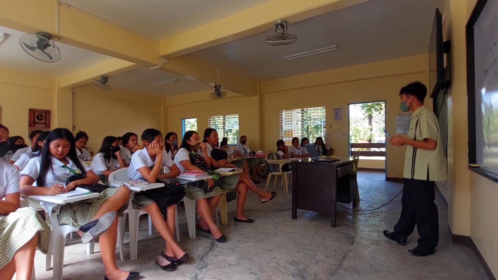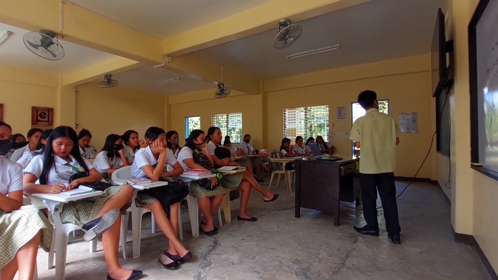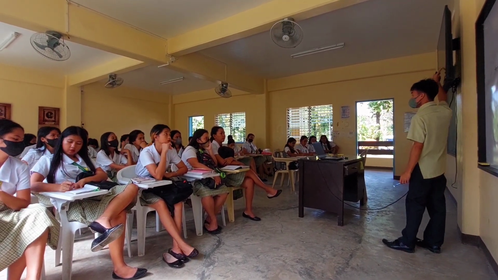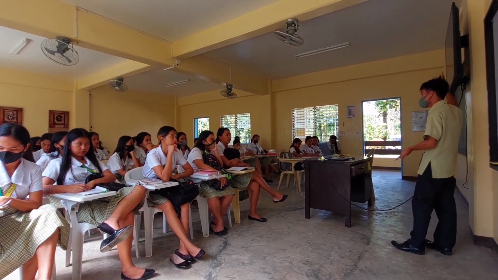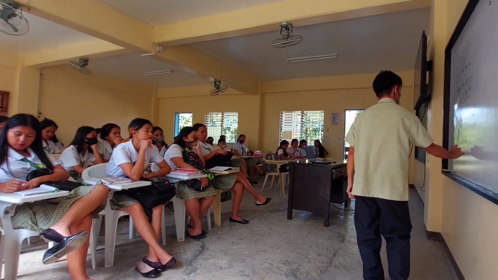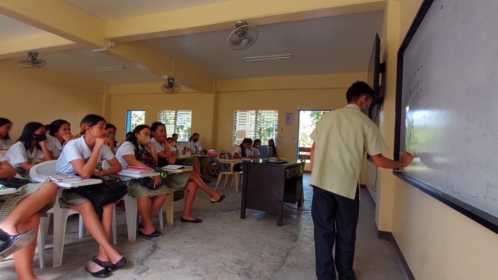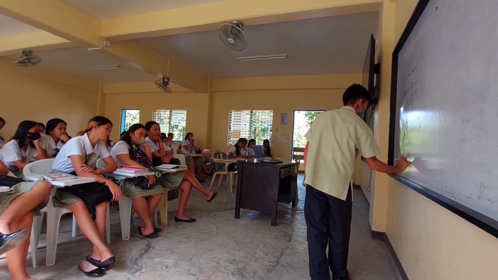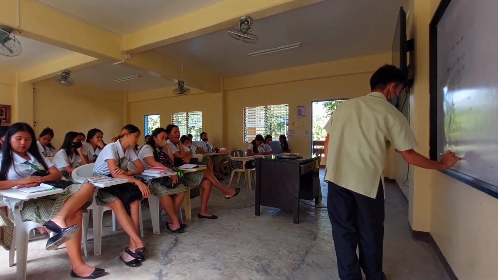So next step, solve for the class width. What formula do we use? Since we already got the range and the k, we just substitute. We have 44 divided by 6.76.